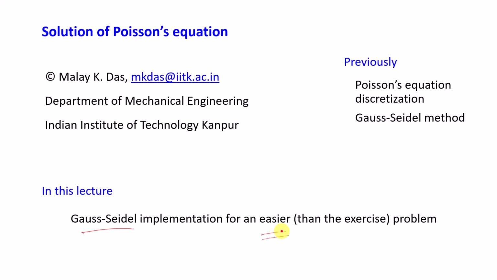Then we add layers of complexity over it, one complexity at a time. So in this lecture, I'll get you started with the Poisson solver that is needed, and then you can modify the solver to suit the exercise problem.